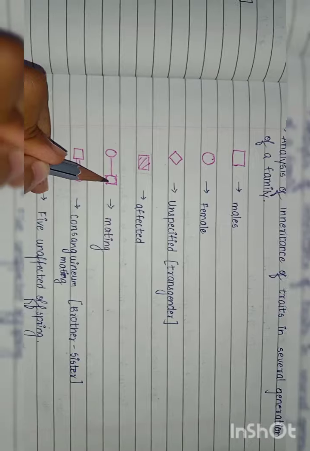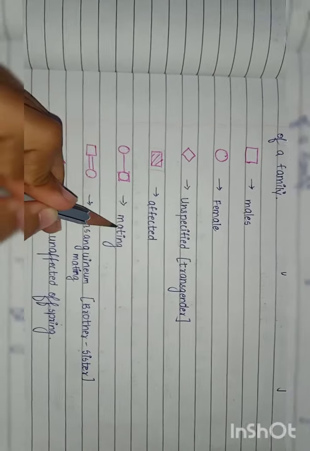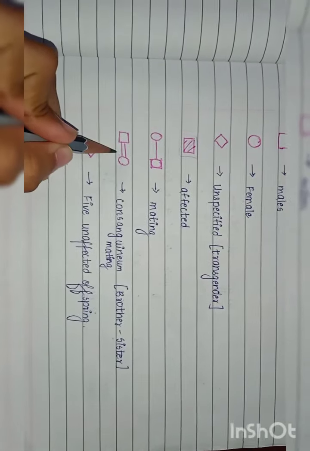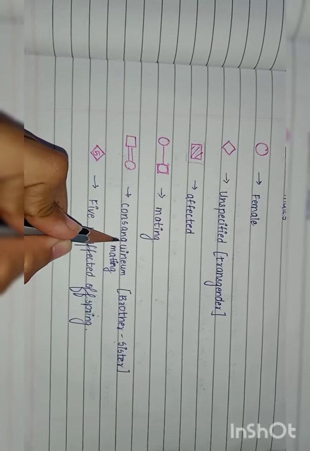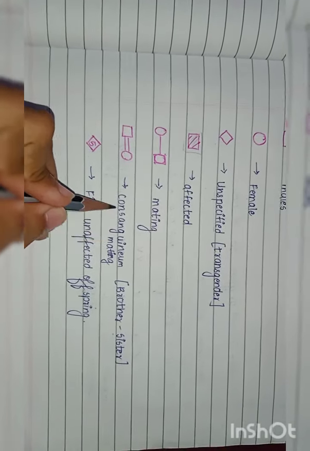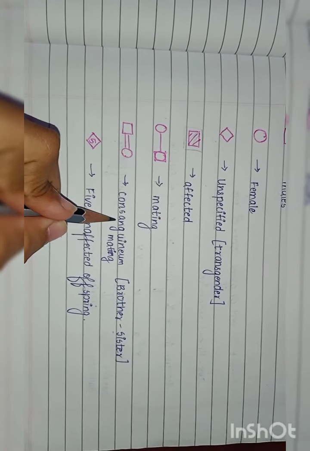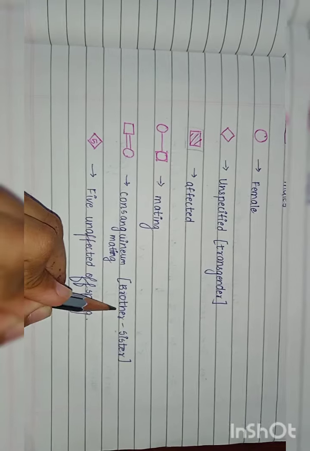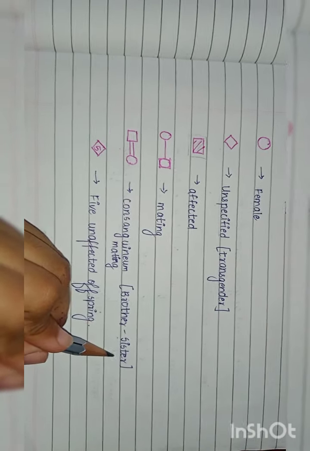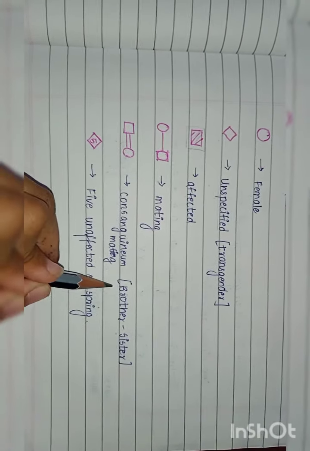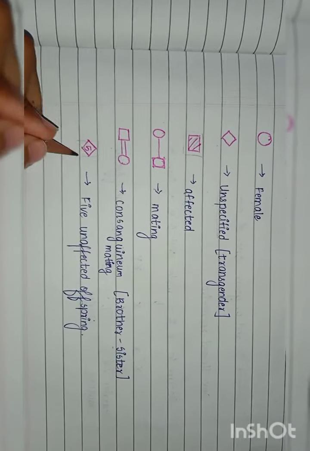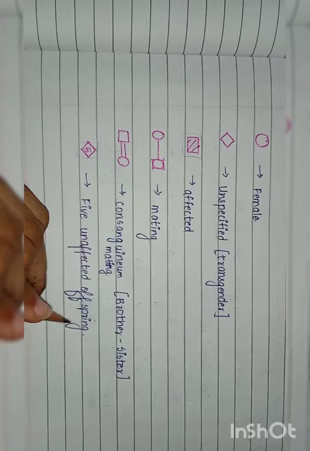If male and female are connected by a line, it is called mating. If male and female are connected by a double line, then it is consanguineous mating, that is mating between relatives. We can see this type of mating in hemophilia. And if a diamond shape has 5 written in it, then it is 5 unaffected offspring.